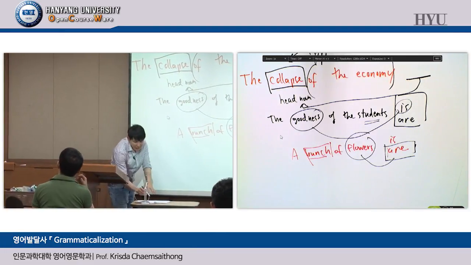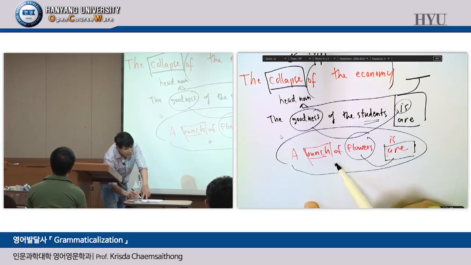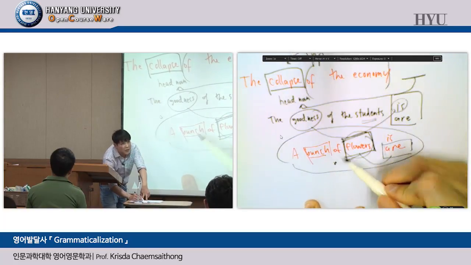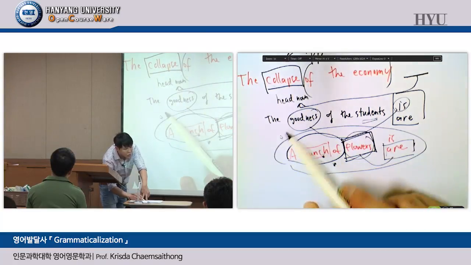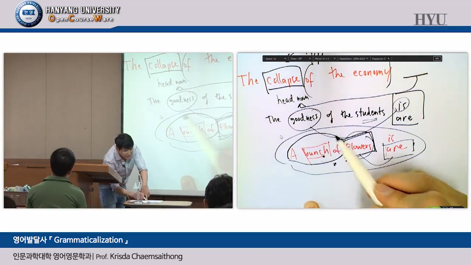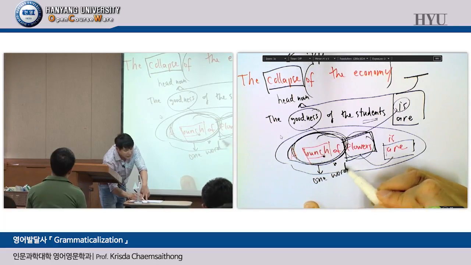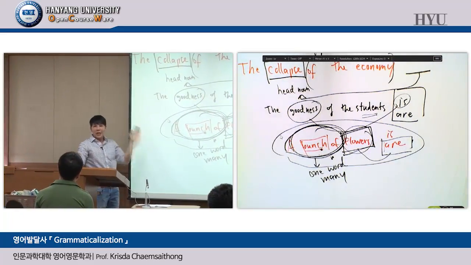In this case, we say that grammaticalization occurs so that the head noun is now the word flower rather than bunch. So "a bunch of" is not like "the collapse of" or "the goodness of" anymore. "A bunch of" is analyzed as one word, which means many. So this is what we call grammaticalization.